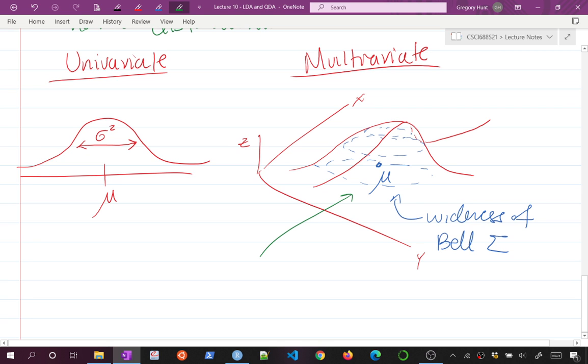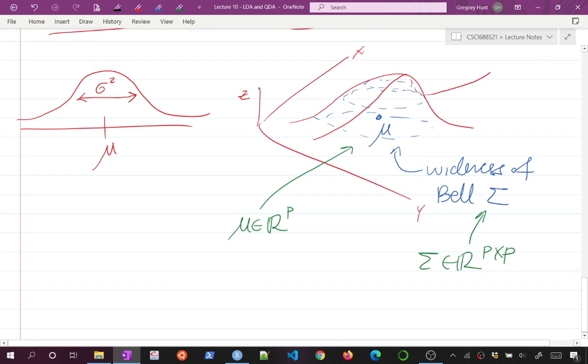Here mu is some p-dimensional vector, and sigma is a p by p matrix, which controls how that bell is shaped, elongated in one direction or another, or maybe symmetric.